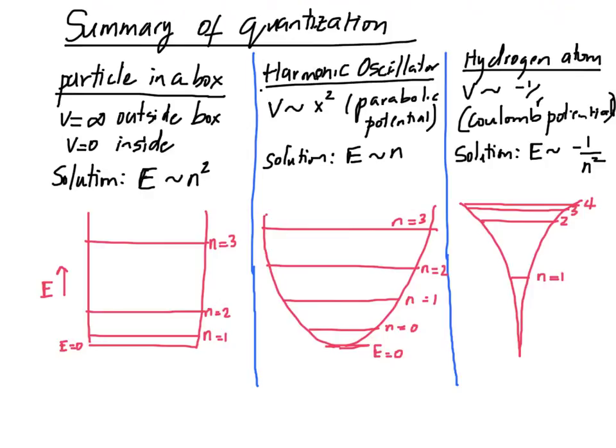So that's the story in a nutshell for these three important and simple examples: particle in a box, harmonic oscillator, and hydrogen atom. The potentials for each of these cases have been drawn as per the quantities used in the corresponding Schrodinger's equation, and of course the energy levels are shown, making it clear how the quantization works in each of these three cases.